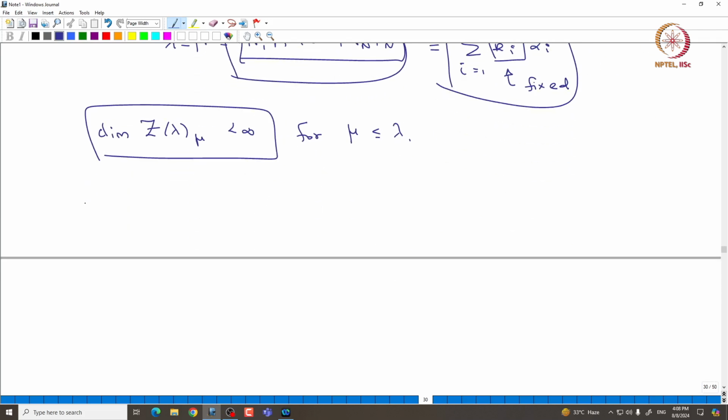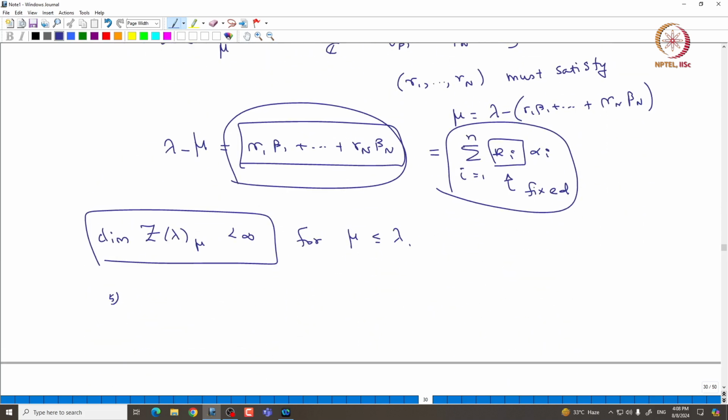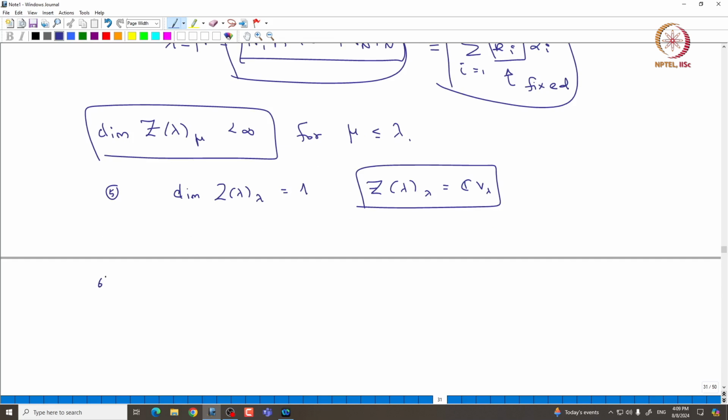Now if we look at the highest weight space and its dimension, the dimension must be 1. Indeed, that highest weight space is spanned by v_λ. As a sixth corollary, we can see that Z(λ) is indeed an indecomposable g-module. Why is this true?